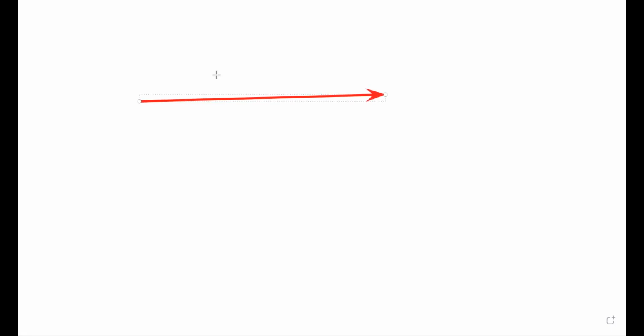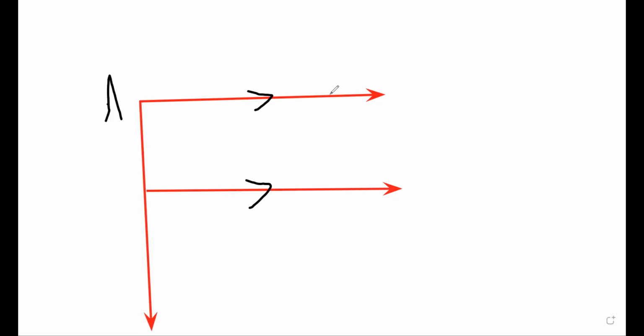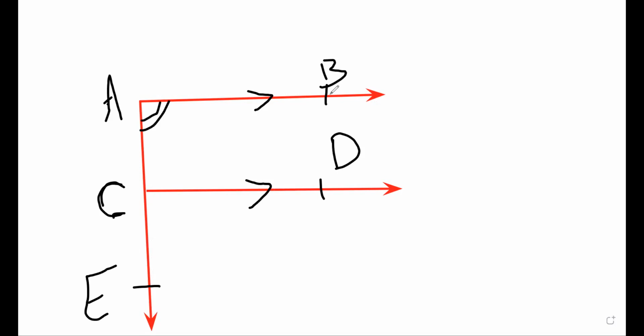طيب لو انا بقى عندي two lines زي كده، ده letter ايه كده؟ F. Letter F. If AB parallel to CD and AE is transversal, then measure of angle A equals measure of angle DCE.